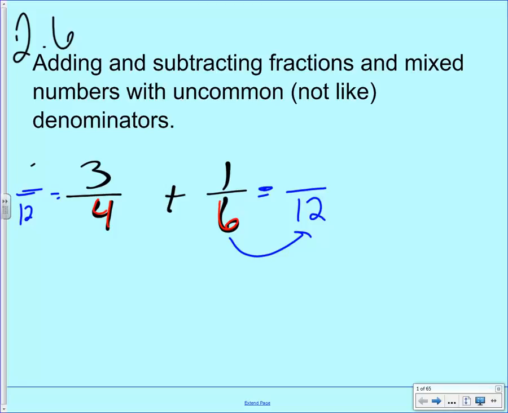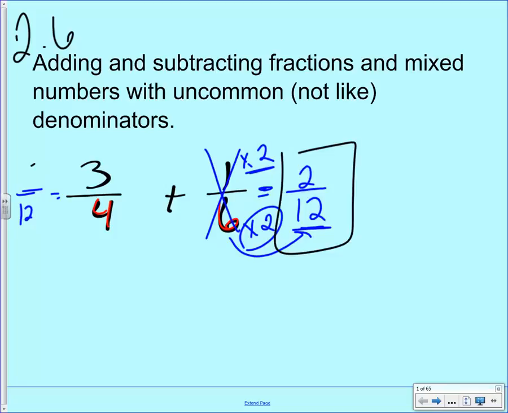Or 6 times what gave me 12? And so we say 2. What I do to the bottom, I also have to do to the top. So I multiply the bottom by 2 because 6 times 2 is how I got 12. So I'm going to multiply the top by the same thing, and 1 times 2 is 2. So this is now gone, and my new fraction is what I have in its place.